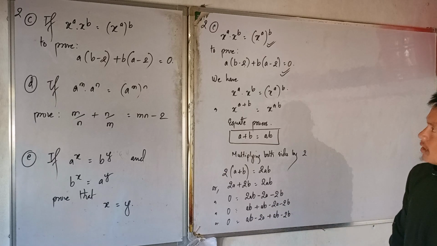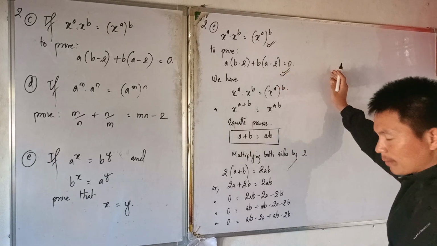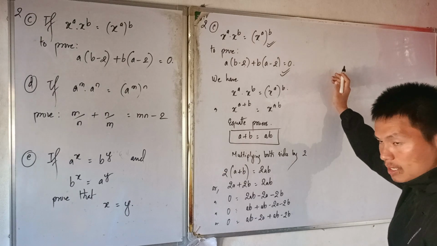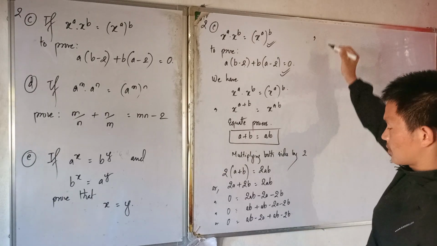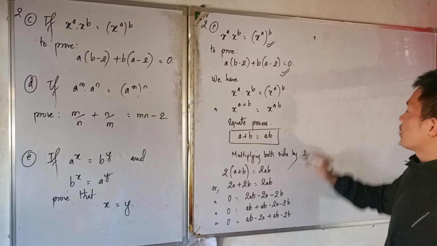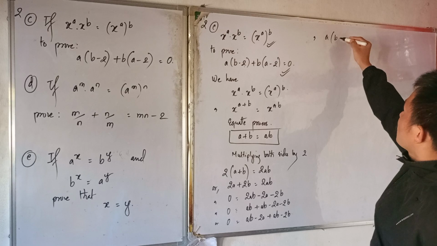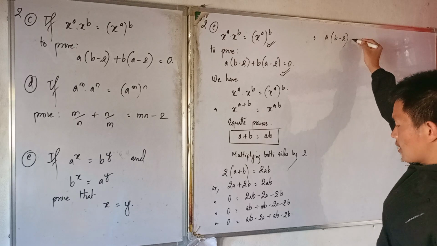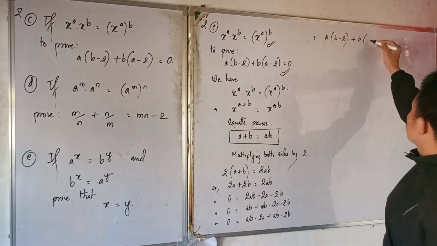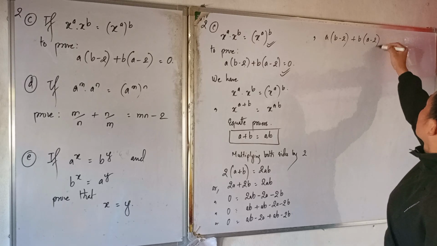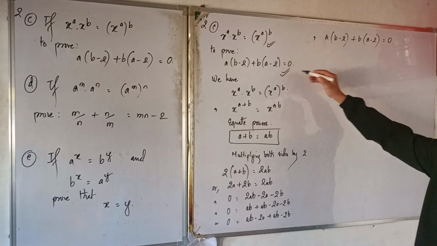Now, because we have to see the terms which we have to prove, arrange the terms. Take a common, and the remaining inside the bracket becomes b - 2, plus if you take b common, a - 2, equals 0. So this is what we had to prove.